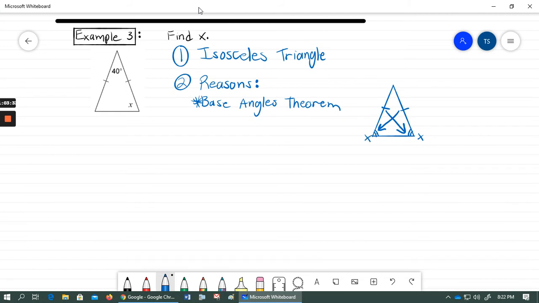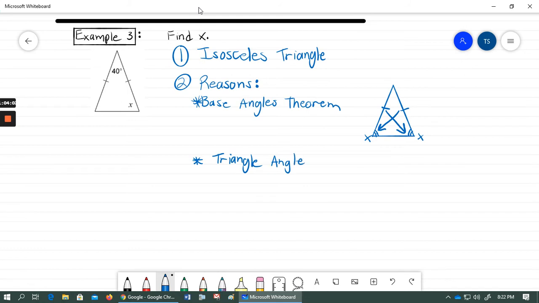So folks, if both of these are technically x, then the next thing we need to do, now that we've got all three angles, is use the triangle angle sum theorem. Now that we know all three of the interior angles, 40 degrees, the x, and then the other x, that's three interior angles.